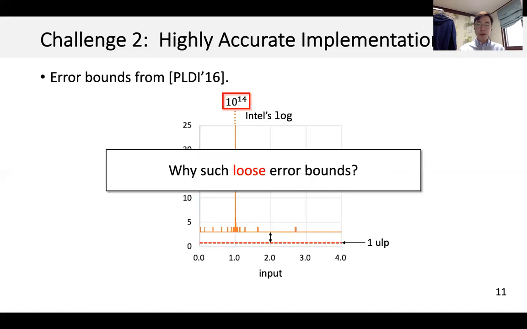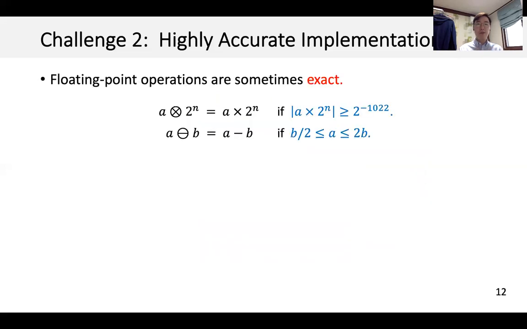Some might wonder why we obtain such loose error bounds. The main culprit is that floating point operations are in fact exact in some cases, which might quite surprise some of you because floating point operations usually introduce rounding errors.